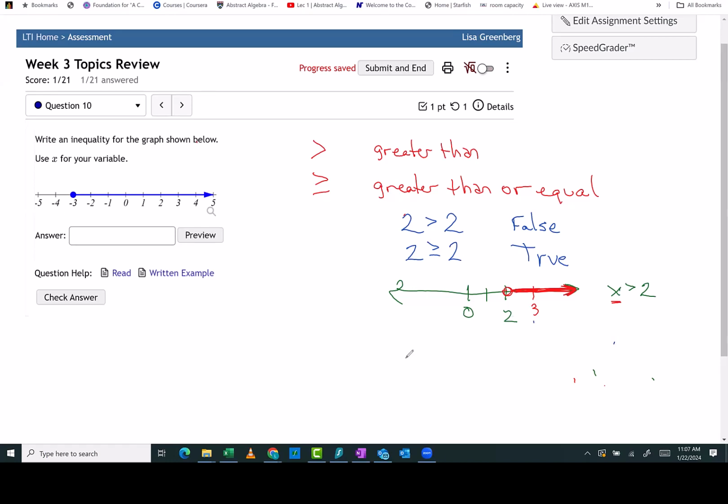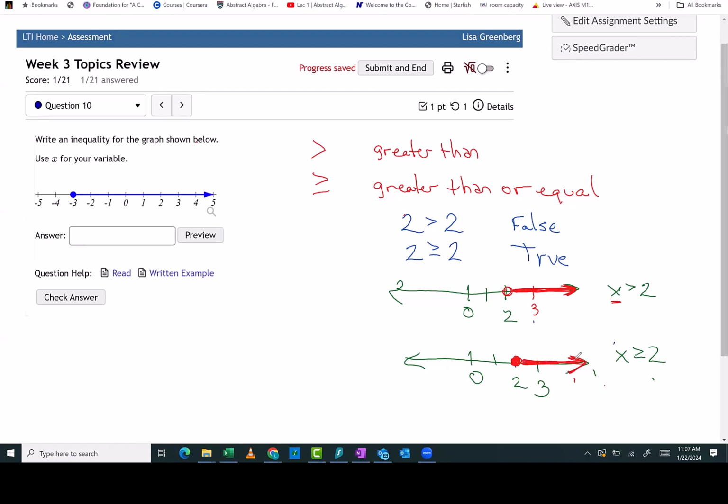If I have a number line, same, 0, 1, 2, 3, and I want to know what x is greater than or equal to 2 looks like, now I'm including 2 because it can be equal to 2, so I close that dot and everything else stays the same.